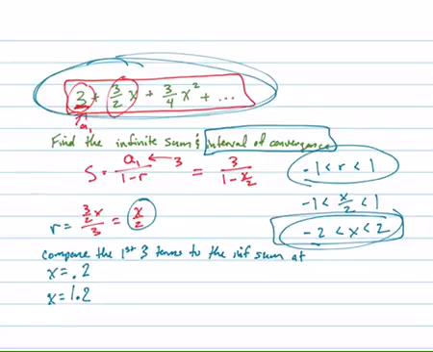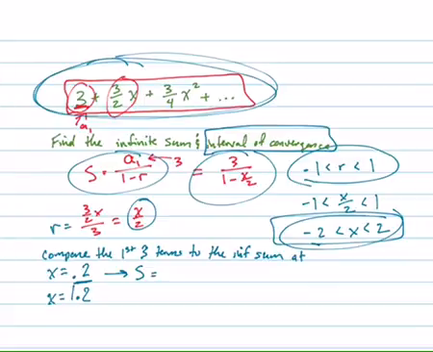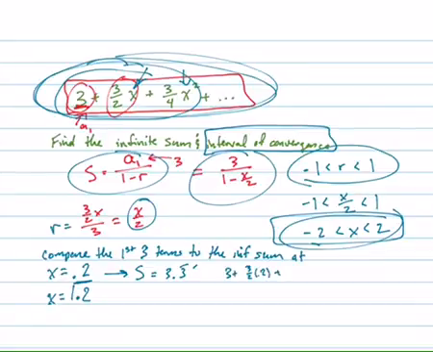The way you would do this is first compute s for this example right here. If you punch that into your s equation up there, remember a sub 1 is 3, you'll get 3.3 repeating. And then if you plug in 0.2 for x in your sum for just the first 3 terms, that would be 3 plus 3 halves times 0.2 plus 3/4 times 0.2 squared.